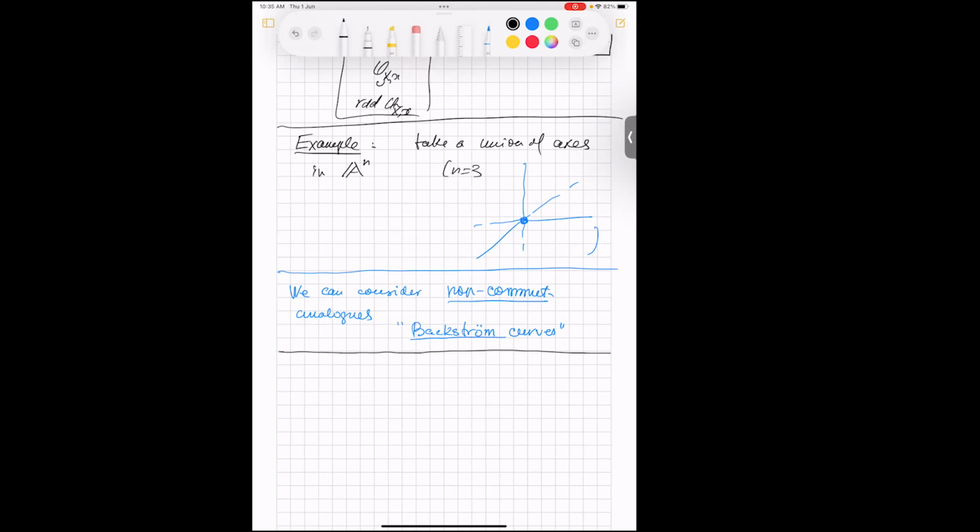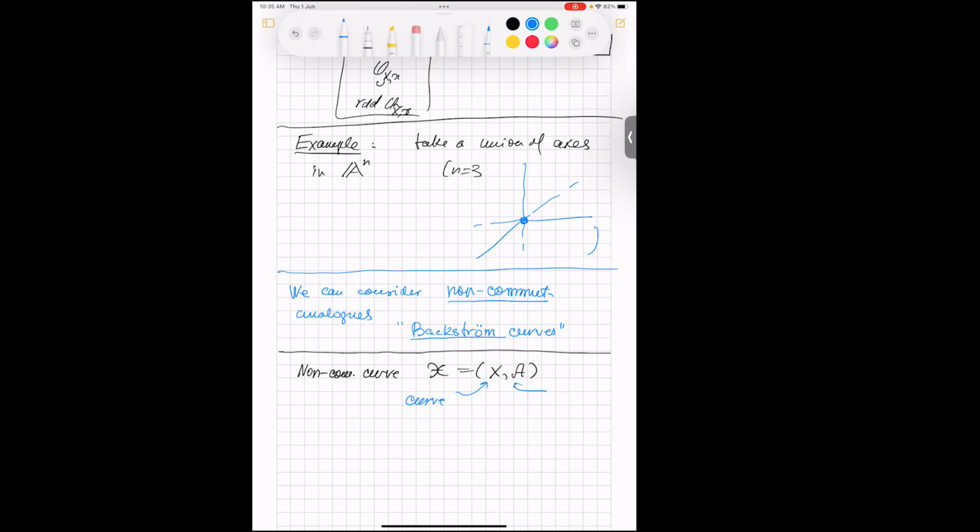Well, what is it? First of all, what is a non-commutative curve? Let it be a pair (X, A). X is a usual algebraic curve.